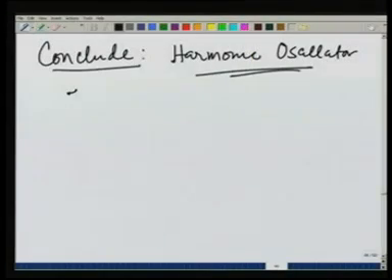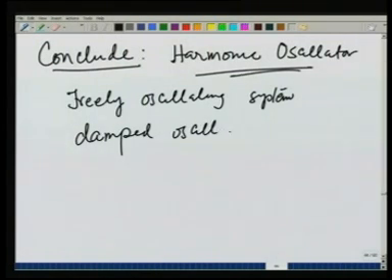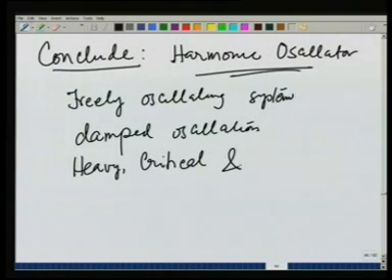We have looked at freely oscillating systems. We have also looked at damped oscillations in the regime of heavy, critical and light damping.